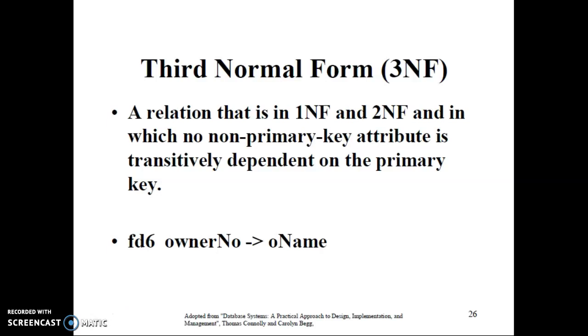Although second normal form relations have less redundancy than those in first normal form, they may still suffer from update anomalies, that is problems. So this is the rule to transform second normal form into third normal form, that is a relation that is in first normal form and second normal form, and in which no non-primary key attribute is transitively dependent on the primary key.